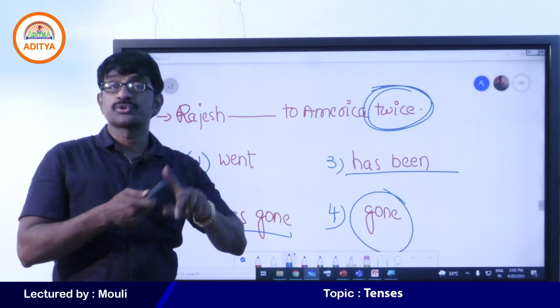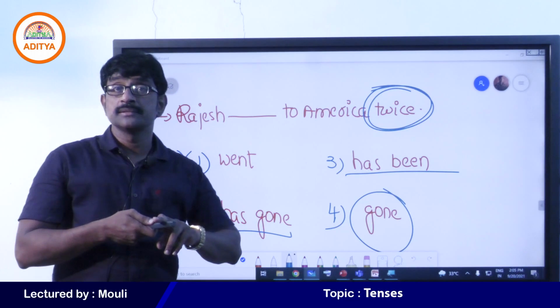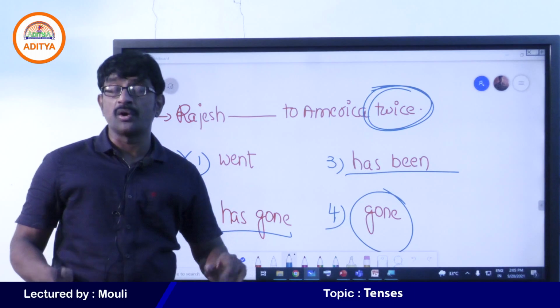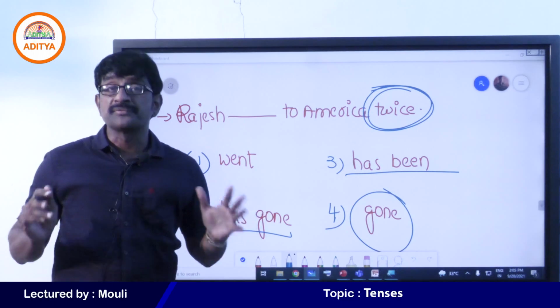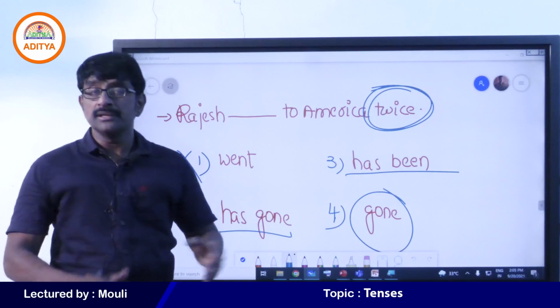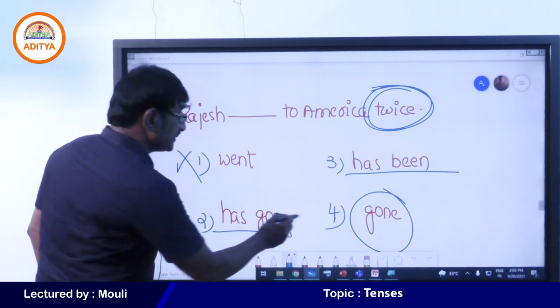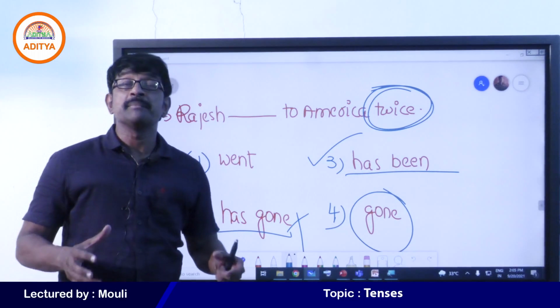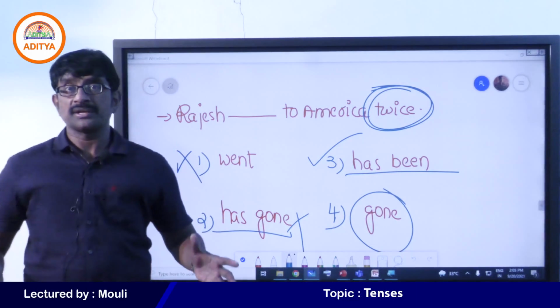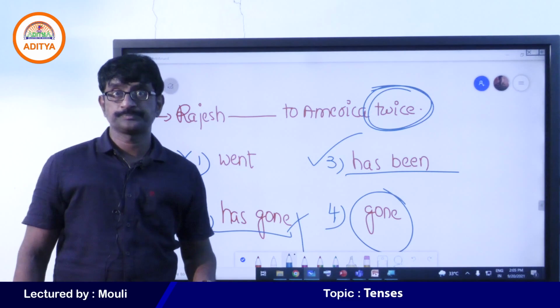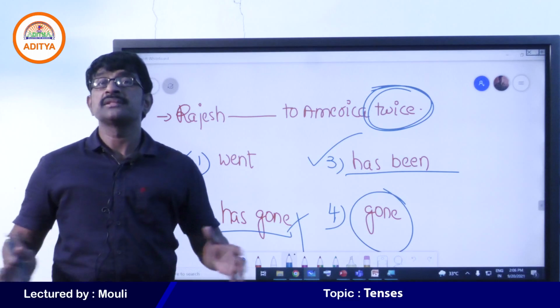Once, twice, thrice kind of words whenever they come, or how many times kind of phrases whenever they come, we go with only been, not gone. Rajesh has been to America twice is the right answer here. Nothing more than that.